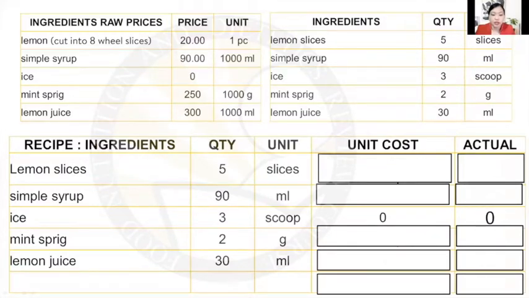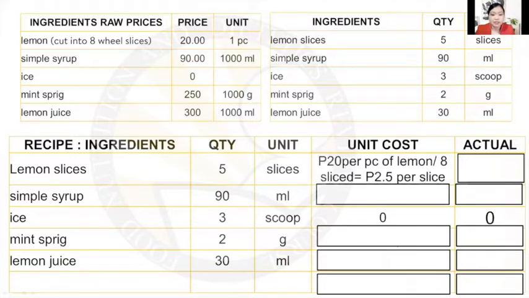For the lemon slice, since we use one whole lemon for 20 pesos, but we will only use 5 slices out of the 8 slices that we have, that is 20 pesos divided by 8, which is 2.5 pesos, times 5, giving us 12.50.